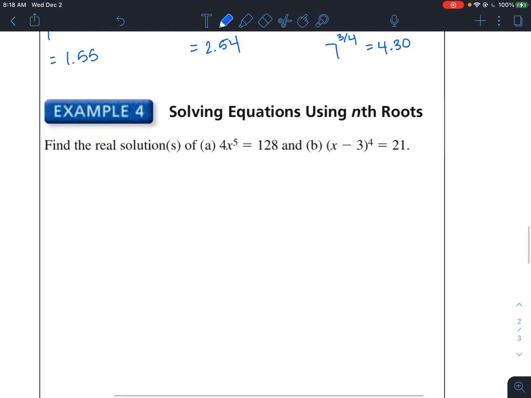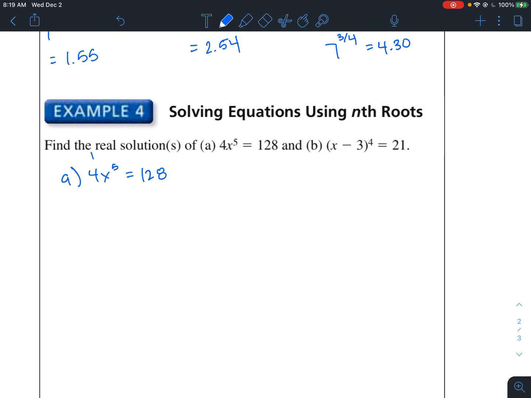Example 4, solving equations using nth roots. So it says we want to find the solution. For A, we have 4x to the 5th is equivalent to 128. So basically we just want to solve for x. We need to get x all by itself.